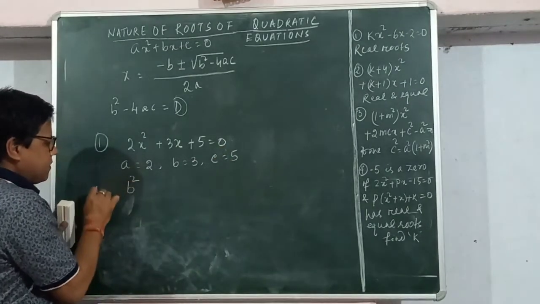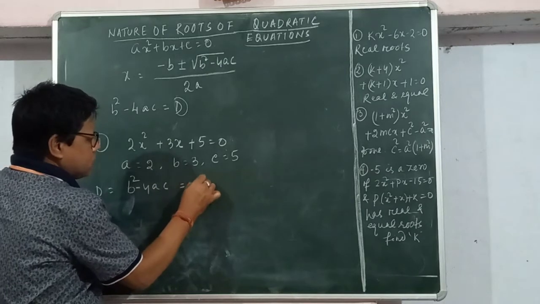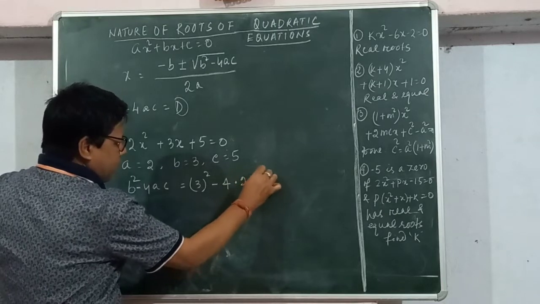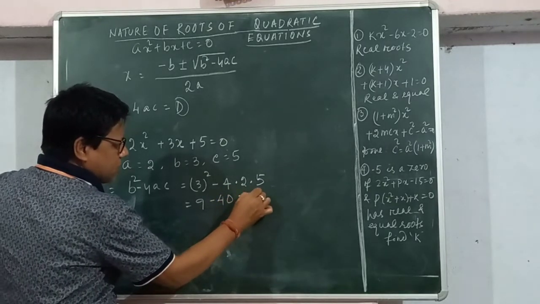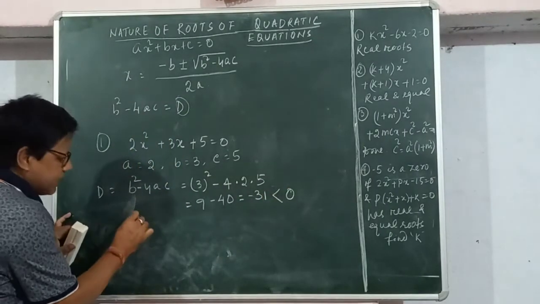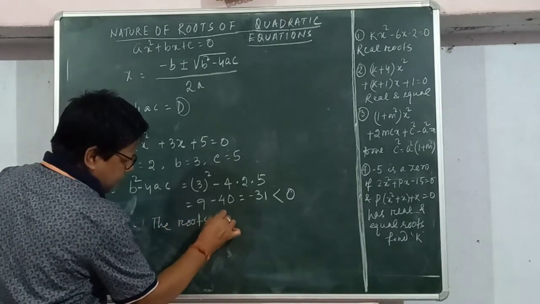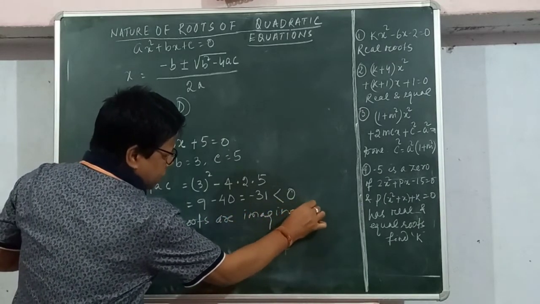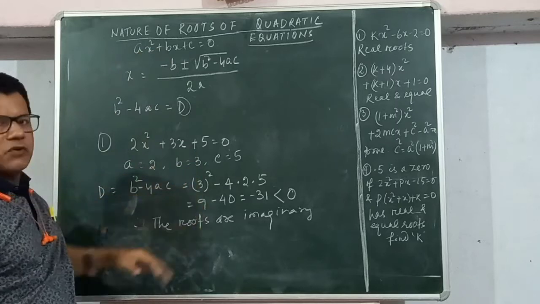Now D is equal to b square minus 4ac, which is equal to 3 whole square minus 4 into 2 into 5, that is equal to 9 minus 40, that is equal to minus 31. As minus 31 is less than 0, therefore the roots are imaginary. That means we get no real root. Like this, we can find the nature of the roots of any equation.